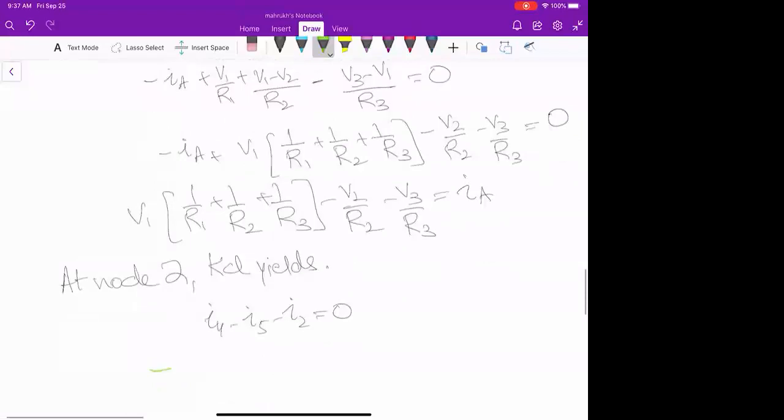Okay, I think I can write it here. So I4 minus I5, where I5 was V3 minus V2 over R5, and I2 was V1 minus V2 divided by R2, is equal to 0.